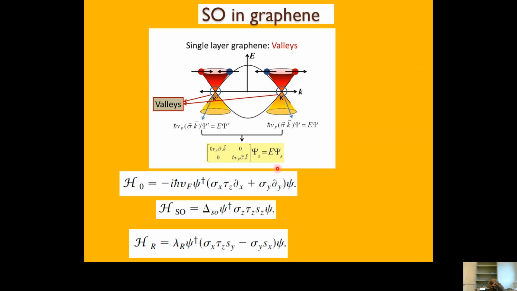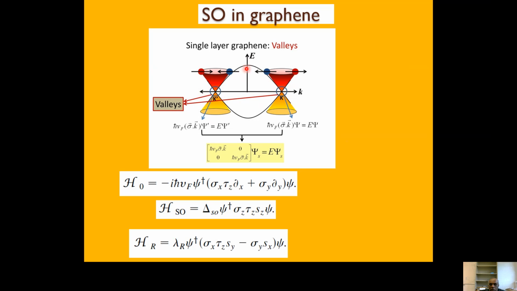So one thing people found is for graphene, this spin orbit interaction term is pretty weak. So we don't see much of the topological properties coming from graphene, because if you take graphene, remember you have this electronic band structure. So this is your K and K prime points, right?